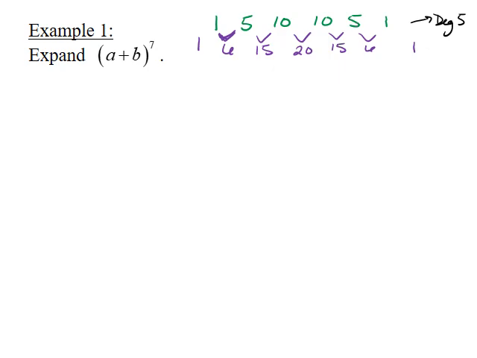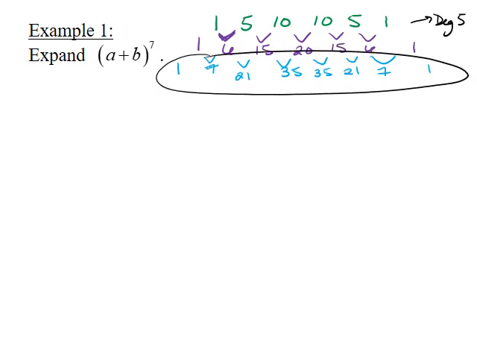If we do this one more time, we will have degree 7. And you should notice the pattern when looking at Pascal's triangle. Okay, so here are the coefficients of degree 7.